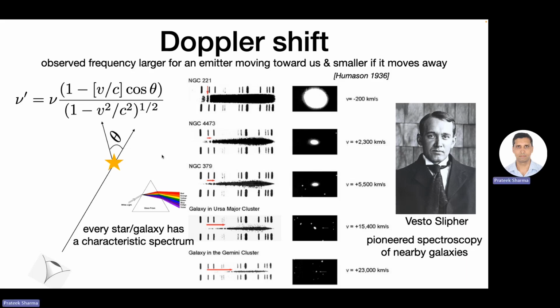Features meaning, say, emission lines, absorption lines, things like that. And by Doppler shift, what we can see is whether the positions where you expect the emission and absorption lines to be are appearing shifted. So that shift will tell you the velocity.